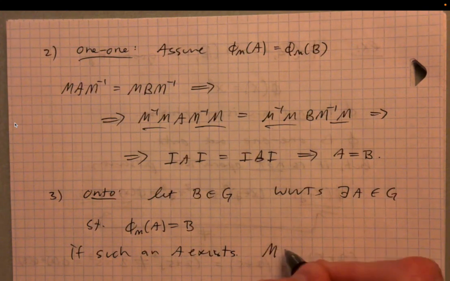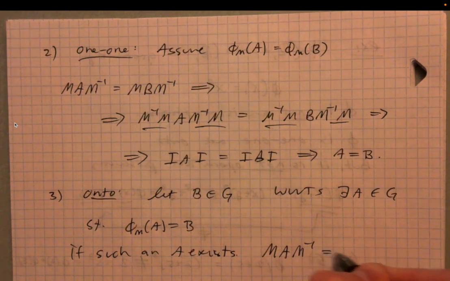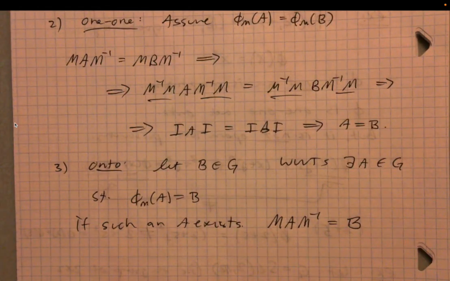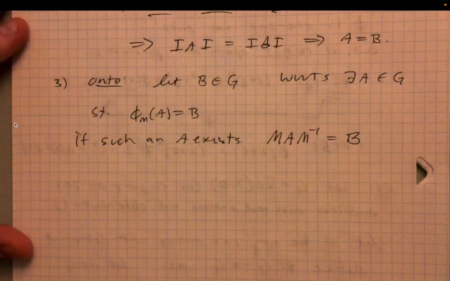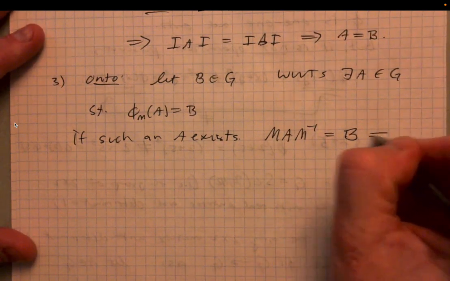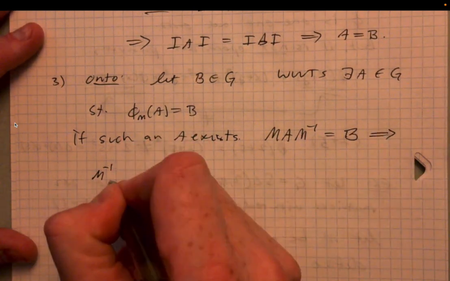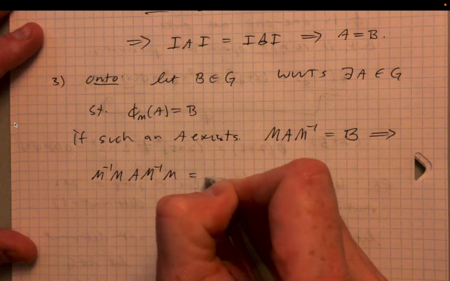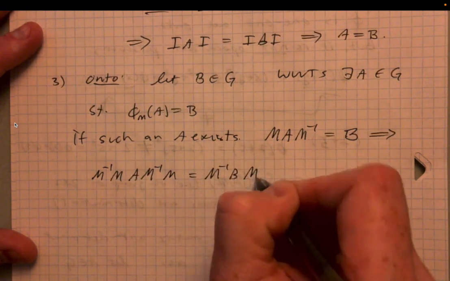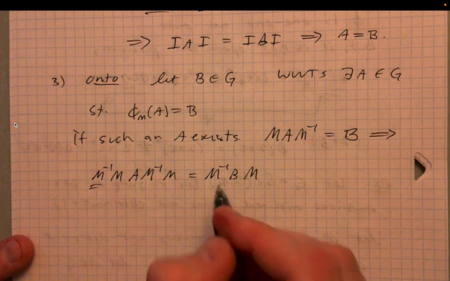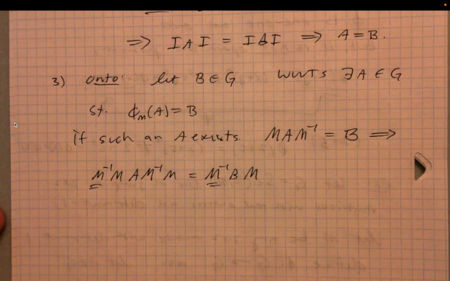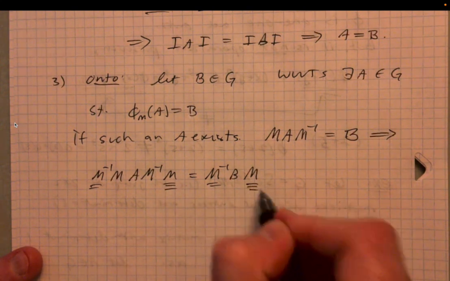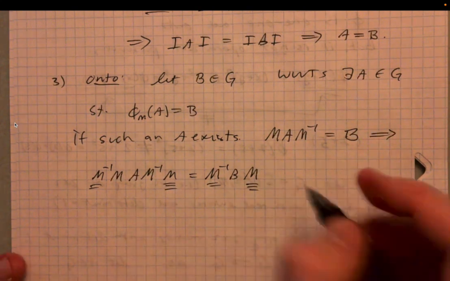It would mean that M A M inverse equals B. I can do a little bit of algebra on this: multiply on the left by M inverse, and multiply on the right by M. What do I get?